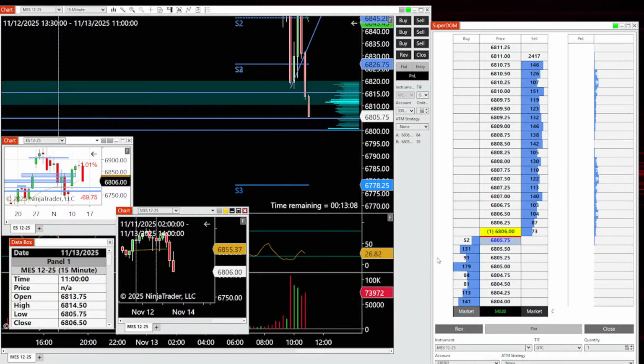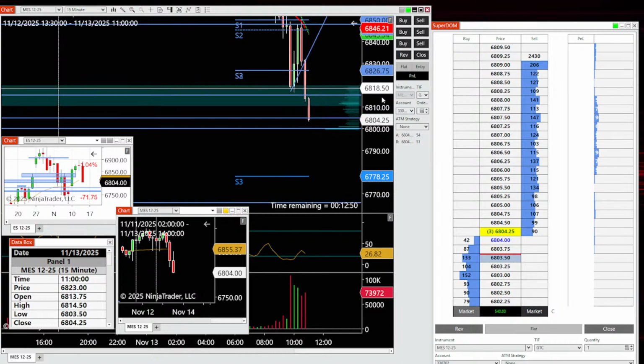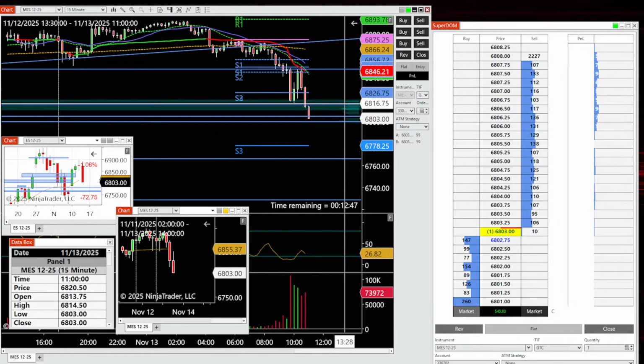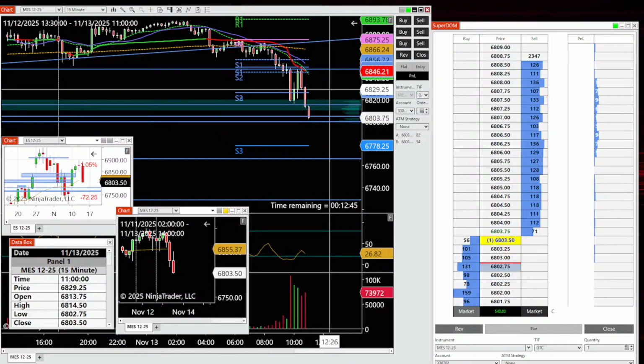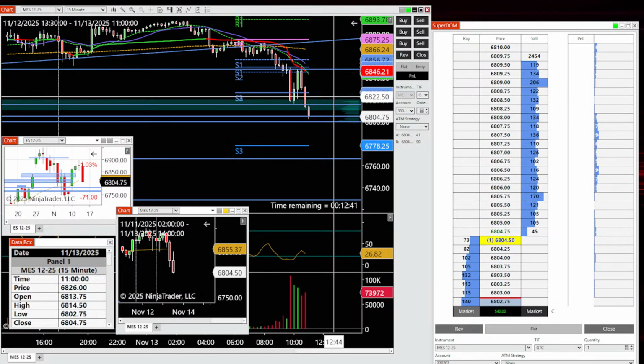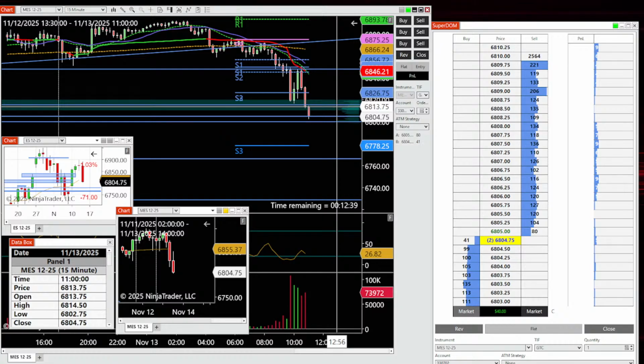6,800 is the target for the head and shoulders to play out. 6,800. And we're almost there. The 29 to 30 break was a good one. Didn't get that.